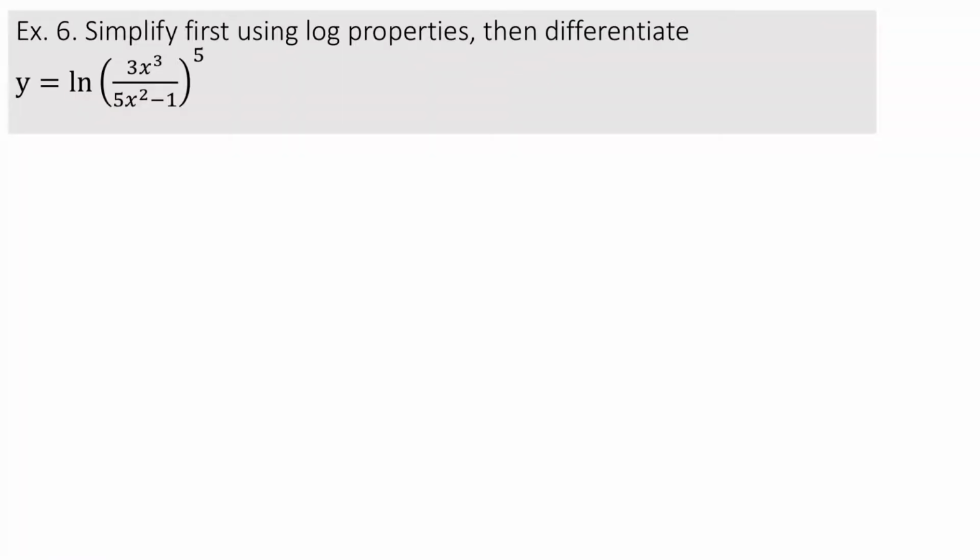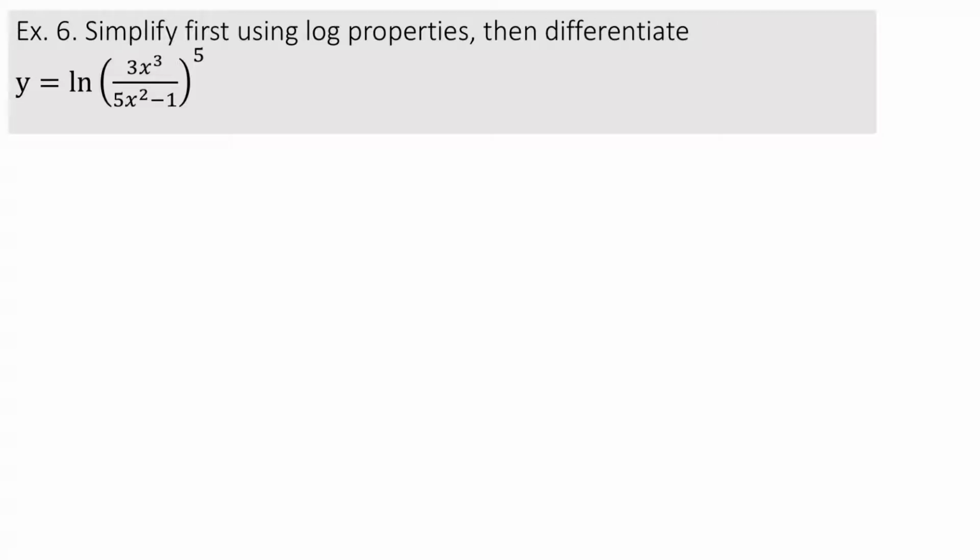So we're going to simplify this first using our log properties, and then we're going to differentiate. So first we've got a power right here, which we're going to put out in front, and then we have a quotient right here, which is related by subtraction. So we're going to simplify this equation first, and then we'll take the derivative.